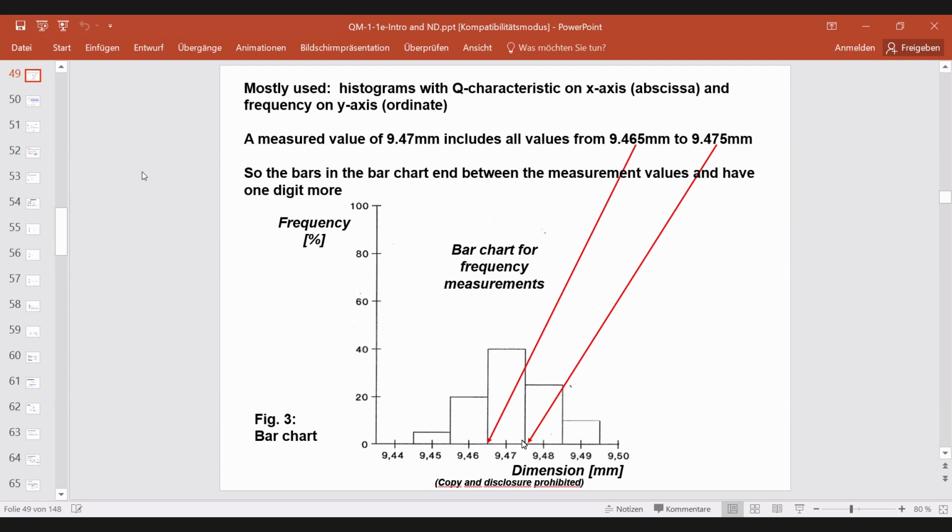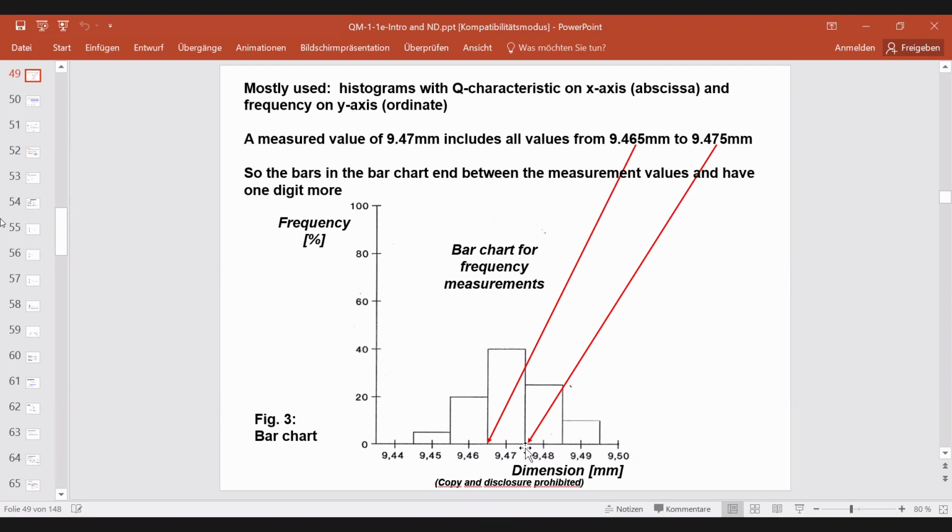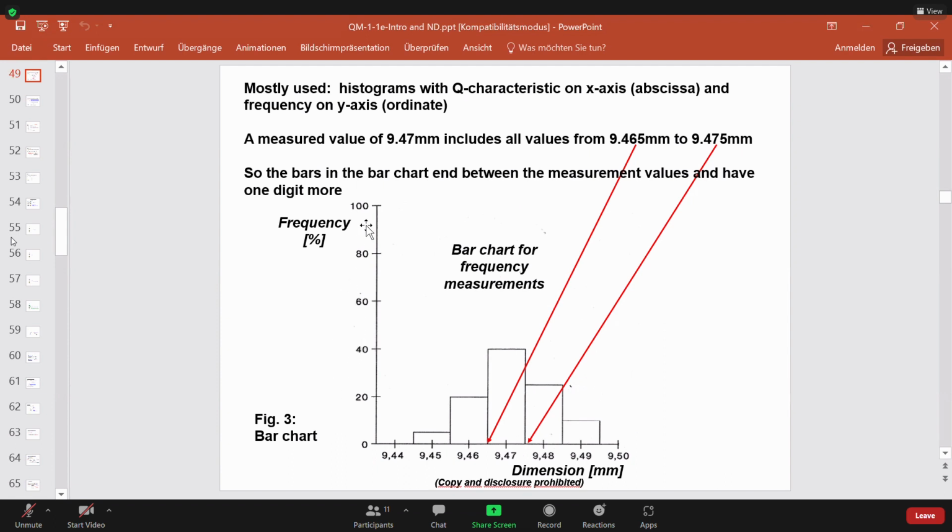9.465 to here on the rest side, this is 9.475. So the two limits here of the bar are exactly between two measurements. Here on this axis, we have the frequency.